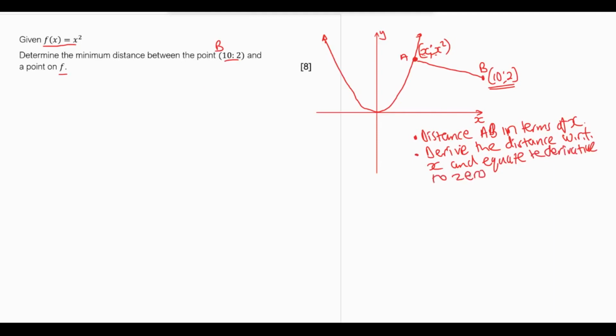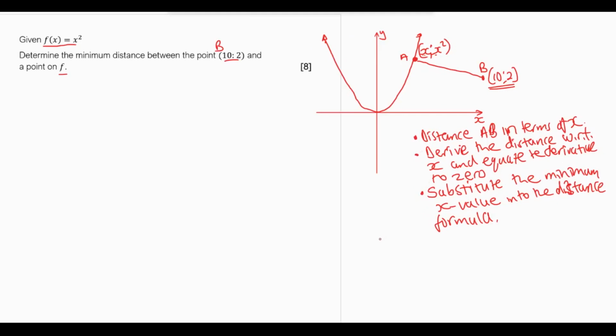When we equate the derivative to 0, we get the x value when the distance is going to be minimum. And then substitute the minimum x value into the distance formula to get the minimum distance.